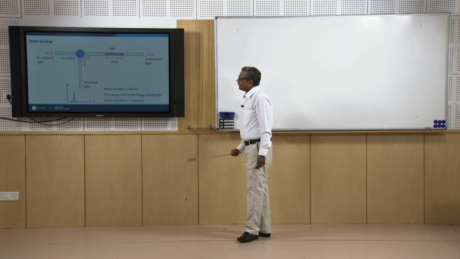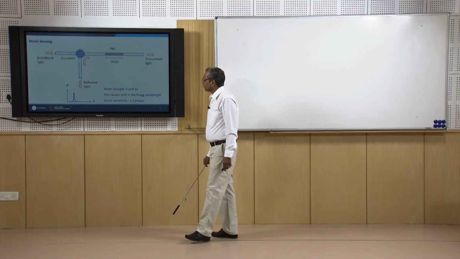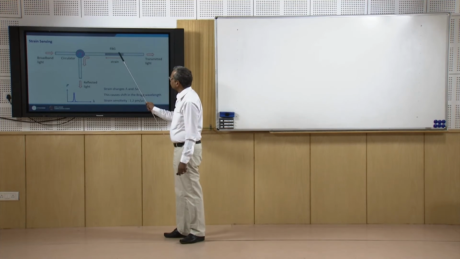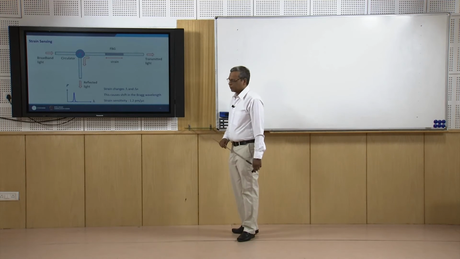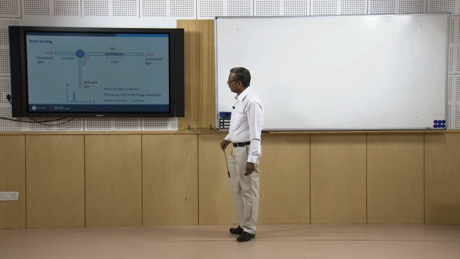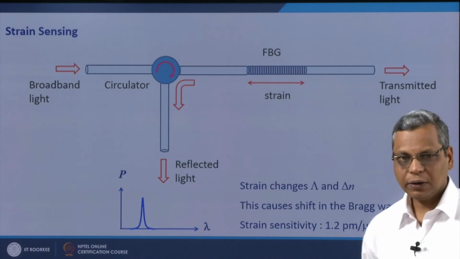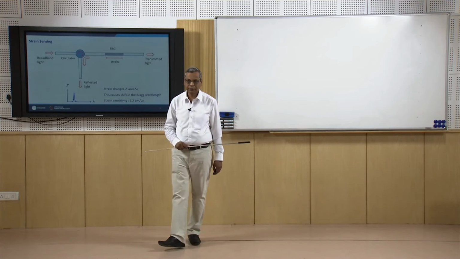I can do strain sensing with the help of this fiber Bragg grating. I use the fact that if I apply strain here, this strain can change the periodicity of the grating and delta n, and if periodicity is changed or effective index is changed, then it can cause a shift in Bragg wavelength, because I know Bragg wavelength is 2 times n effective times capital lambda.